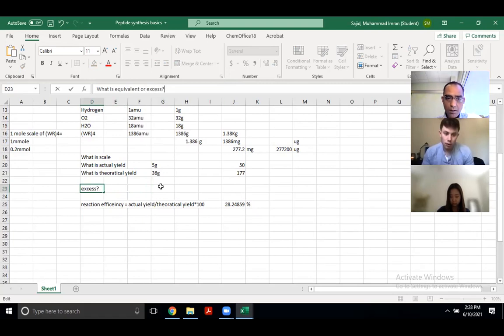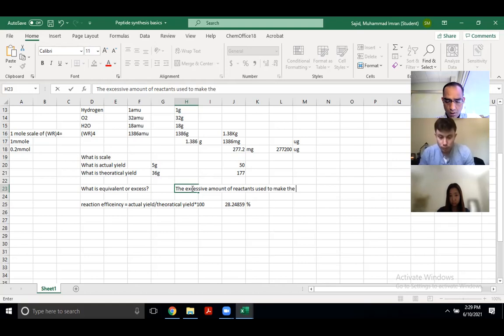So I will just say that the excessive amount of reactants is used to make the product. It can be 3 times, 4 times, 6 times, 10 times, and it comes with experience.